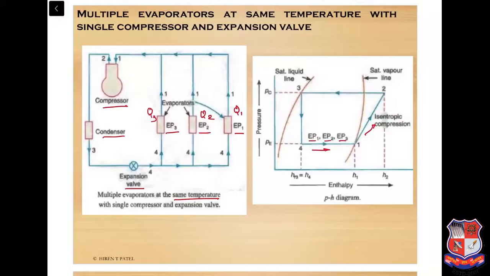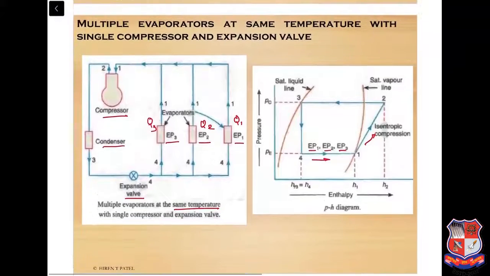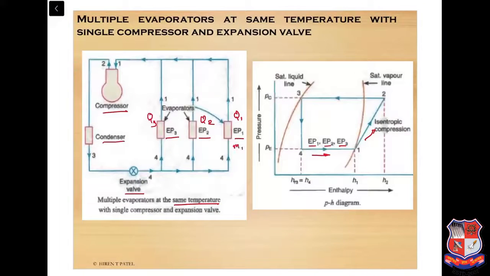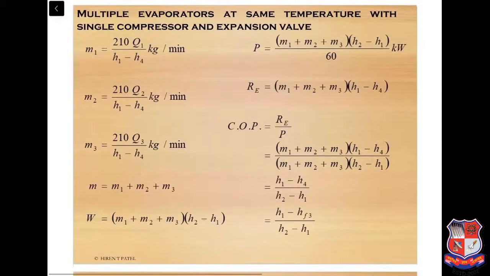From the pH chart, the mass of refrigerant that is required to circulate through the first evaporator is m1. If we consider different masses like m1, m2 and m3 required at 3 different evaporators, then m1 will be 210 Q1 divided by h1 minus h4, same as m2 is 210 Q2 divided by h1 minus h4, and m3 is 210 Q3 divided by h1 minus h4.